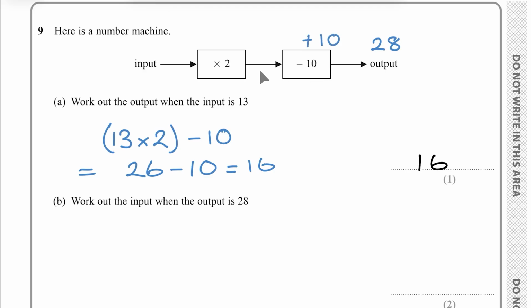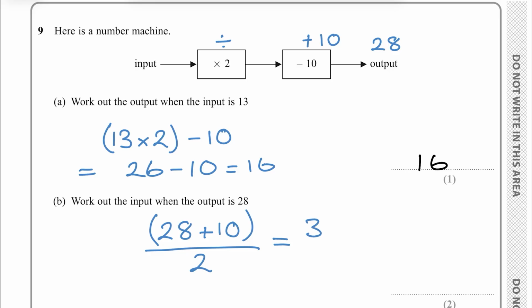And then we don't multiply by 2, we do the opposite. We divide by 2. So you would lay this out as 28 plus 10, I'll put in a bracket, divided by 2. And that would be 38 divided by 2, which equals 19.